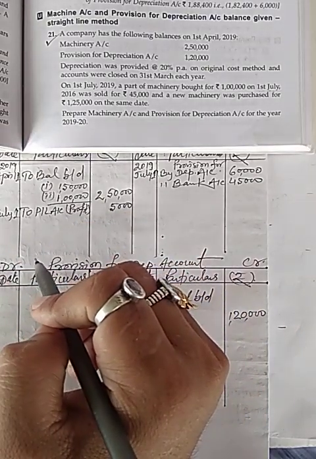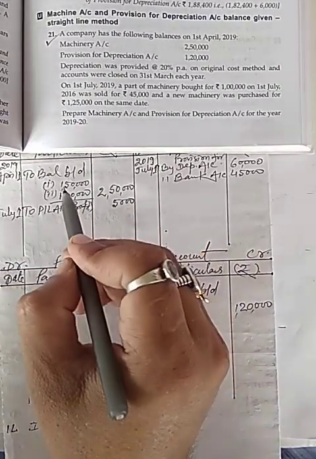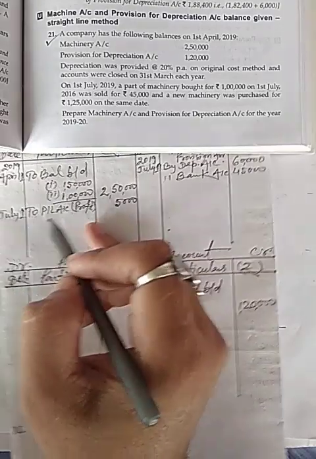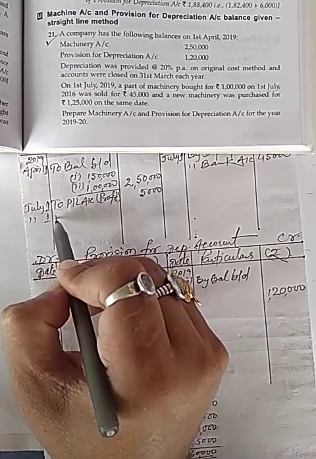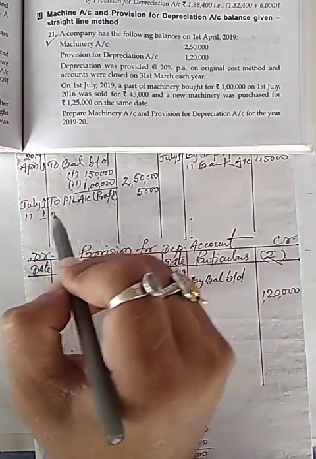Now student, remaining balance of machine will be 1,50,000 and a new machine is also purchased on the same date.